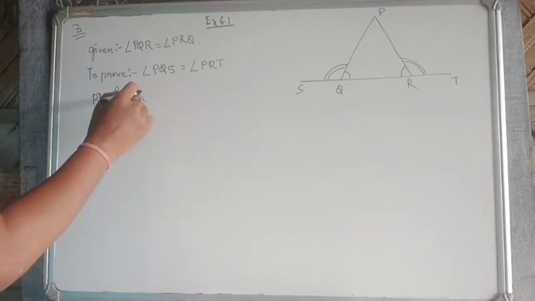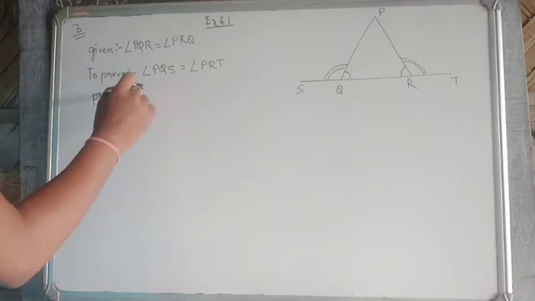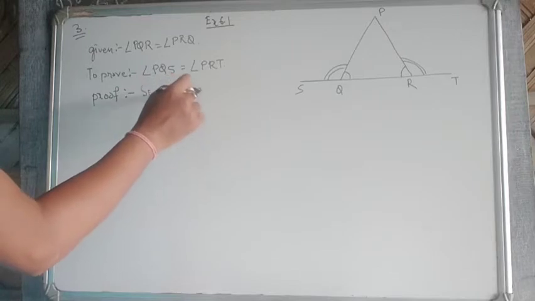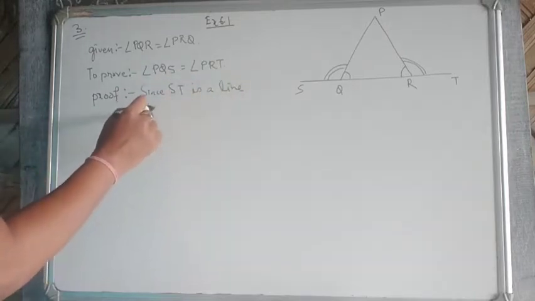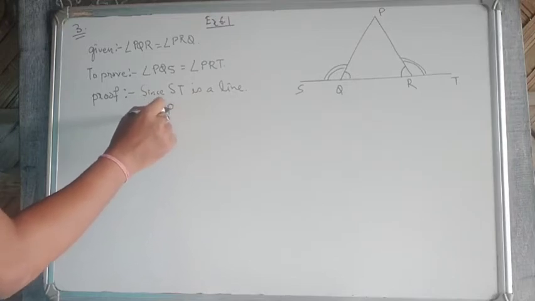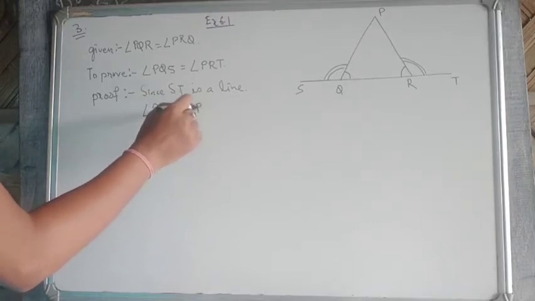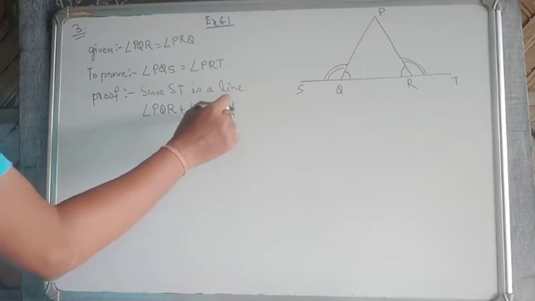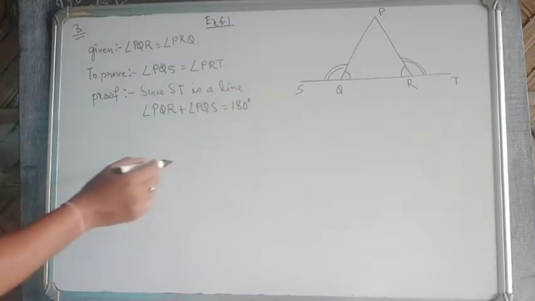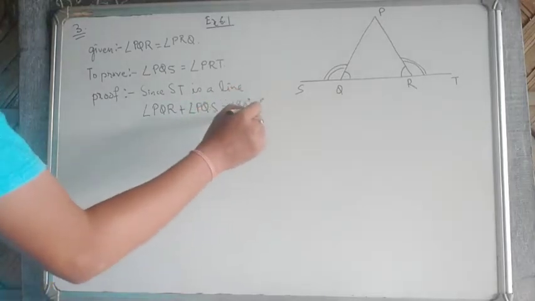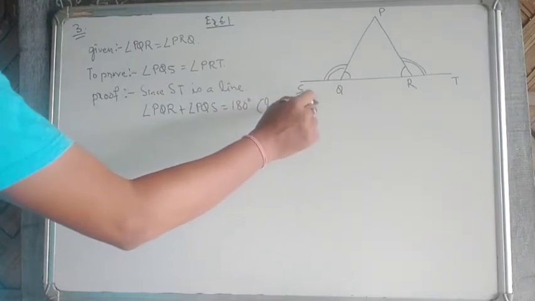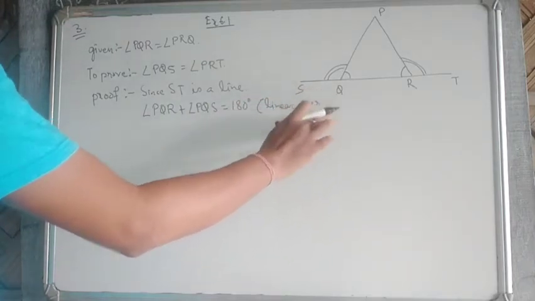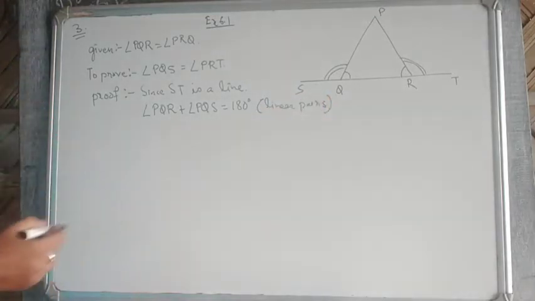So we will write, since ST is a line, angle PQR plus angle PQS will be equal to 180 degree. This is because of linear pairs.